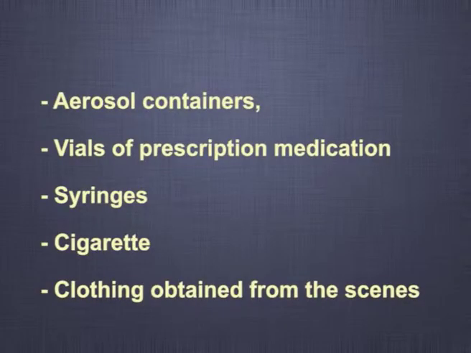Household and personal samples. So what are these? Household and personal samples and their importance in forensic science. Occasionally, in some cases, analysis of household and personal samples like chemicals, aerosol containers, vial prescriptions, medications, syringes, cigarettes, and clothing is obtained from the scene of crime in cases of homicides, suicide, automobile accidents, or scenes of other incidents.